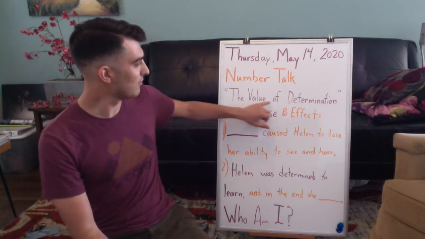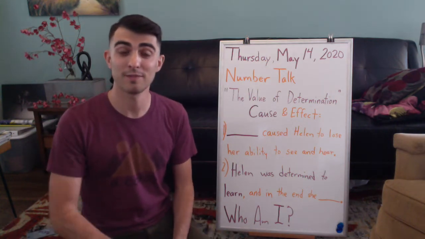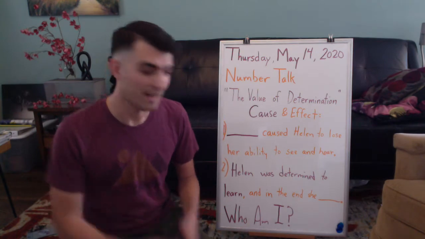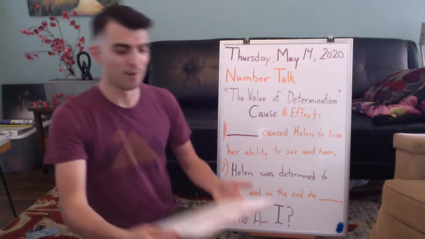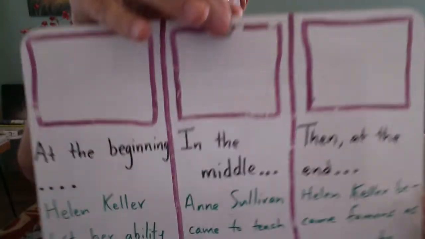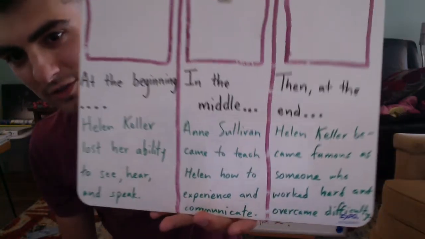Getting back to the value of determination. Yesterday, we talked about our final 3 story elements. We talked about the plot, and our plot, remember, has a beginning, middle, and end. So I went ahead and filled in my chart. I just did not draw my pictures because you've seen my art.